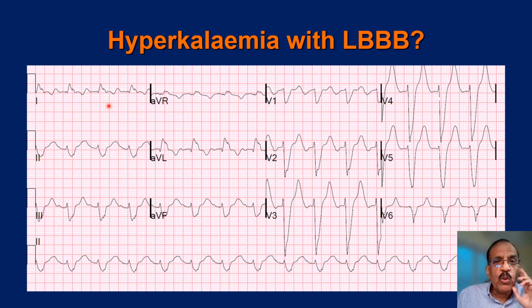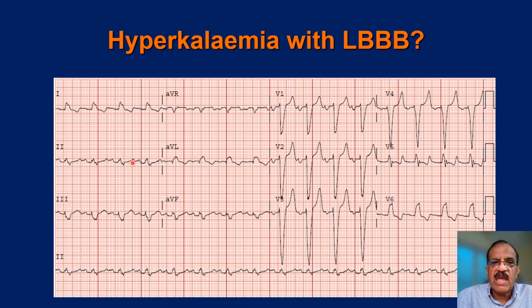So although you could suspect left bundle branch block in addition to hyperkalemia, if the changes disappear after correction of potassium or after administering calcium, then you could say that these changes are actually due to hyperkalemia itself, not due to any underlying bundle branch block.